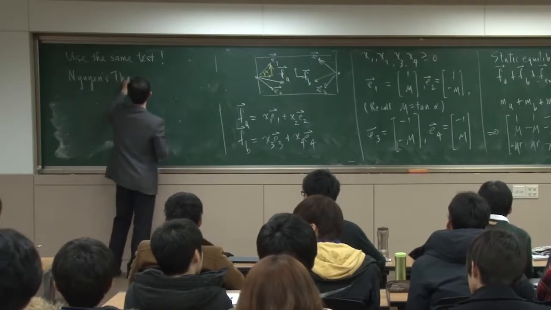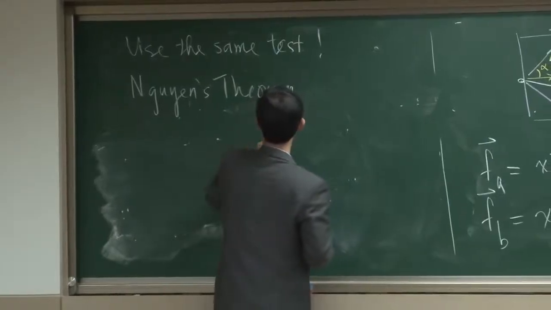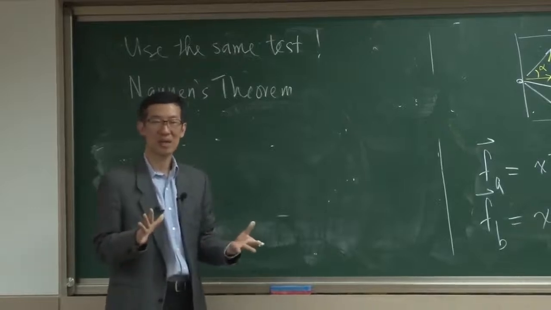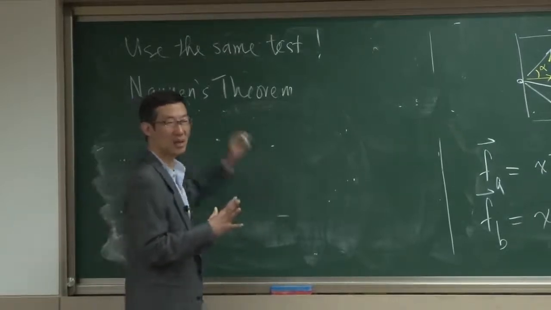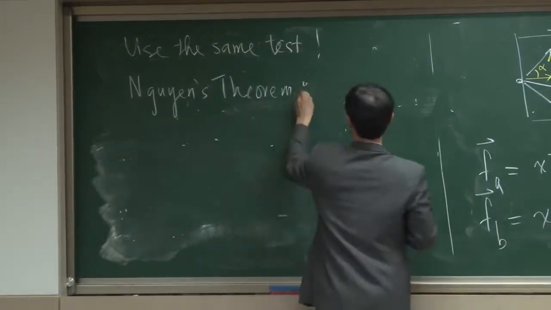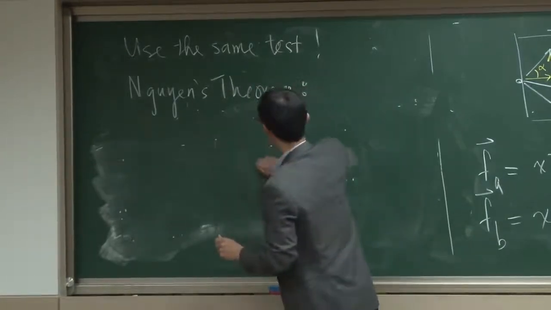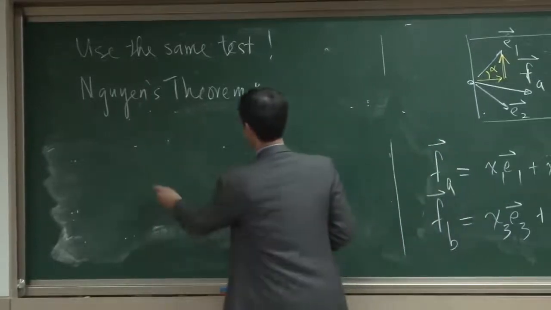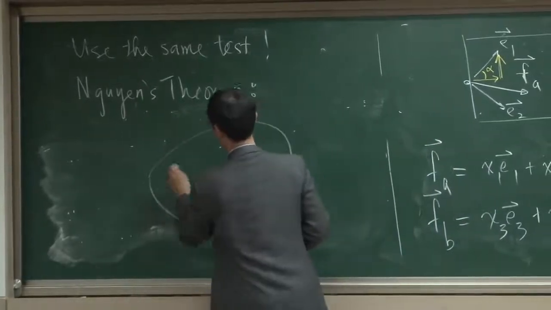People in the business call it Nguyen's theorem because it was first discovered by Van Duc Nguyen. He was a graduate student at the time. Here's what he found. I'll just illustrate with a picture.